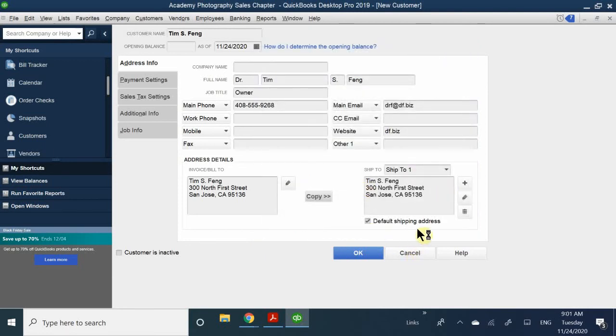And use this as default shipping address. Yes. Okay. So again, you can ship to other locations, of course. Oftentimes maybe someone likes to be billed at their home location, but maybe they're currently staying somewhere for the time being, so they need a shipment.